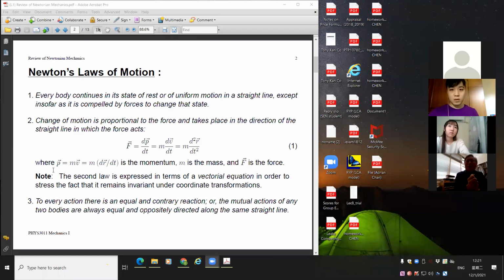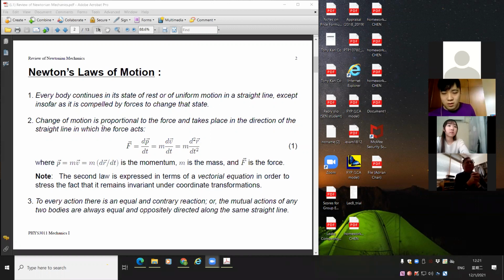Am I correct? Not the same body. So my question is purely nonsense. Now keep this in mind: action and reaction act on different bodies. So these three laws form the pillars of Newtonian mechanics.